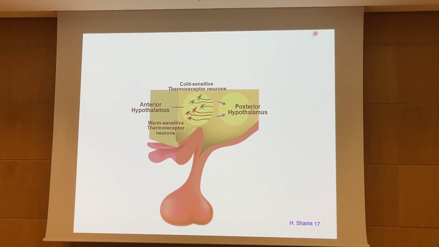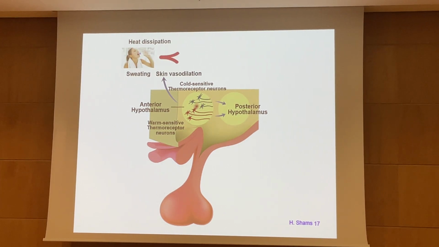And this anterior hypothalamus is also called the cooling center. If they measure a high temperature, this center does everything to cool the body down. It means skin vasodilation and sweating to bring the temperature down.